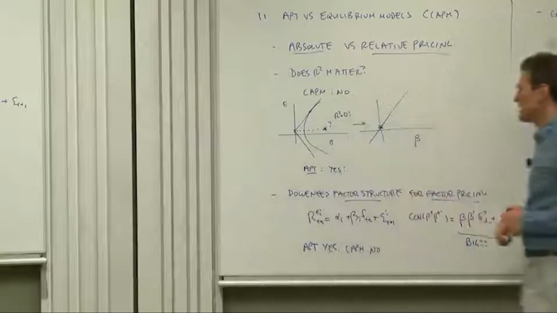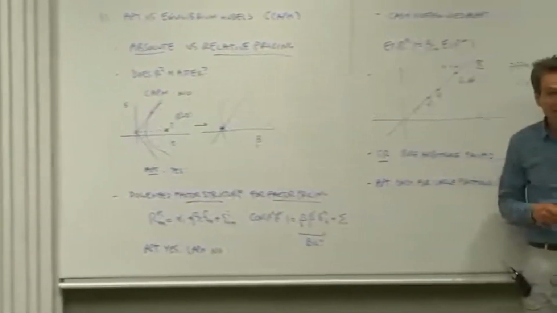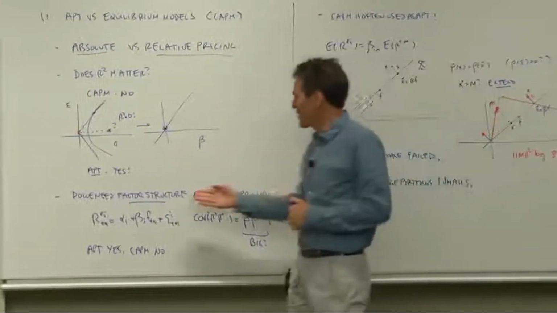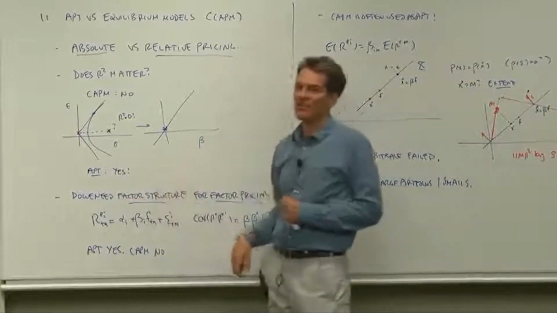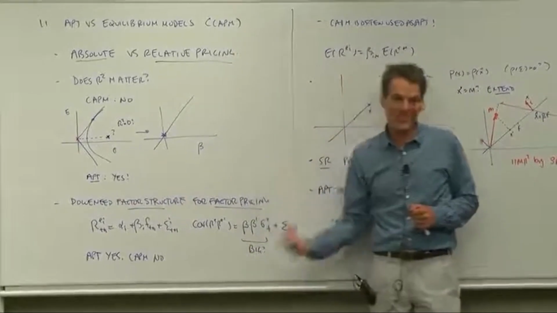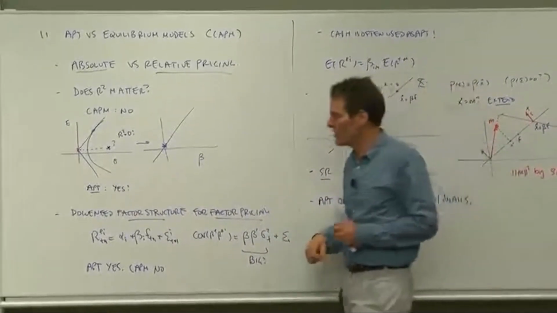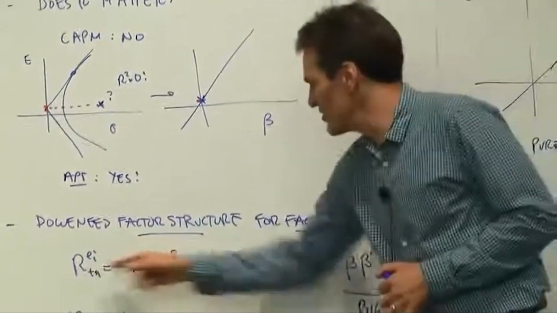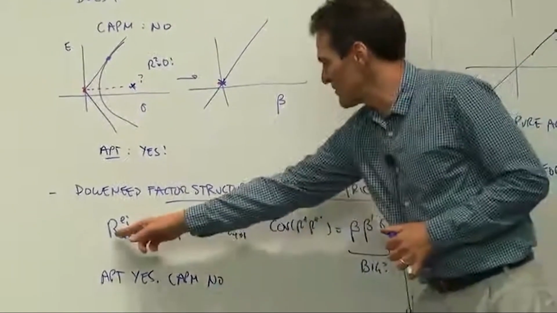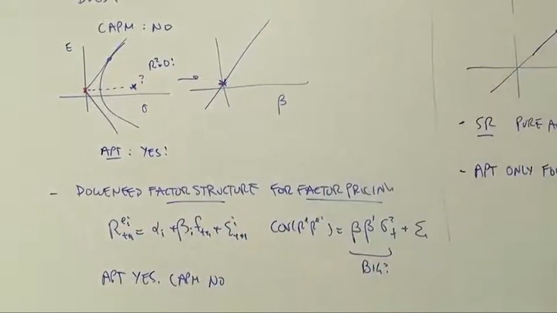Another way of putting the same thing, and here I'm part of my linguistic approach, I want you to learn the languages. Does factor structure matter for factor pricing? Those are two very different words. Let's distinguish what they mean. Let's look at our time series regression of returns on a factor. A time series regression of returns on a factor implies a factor structure.